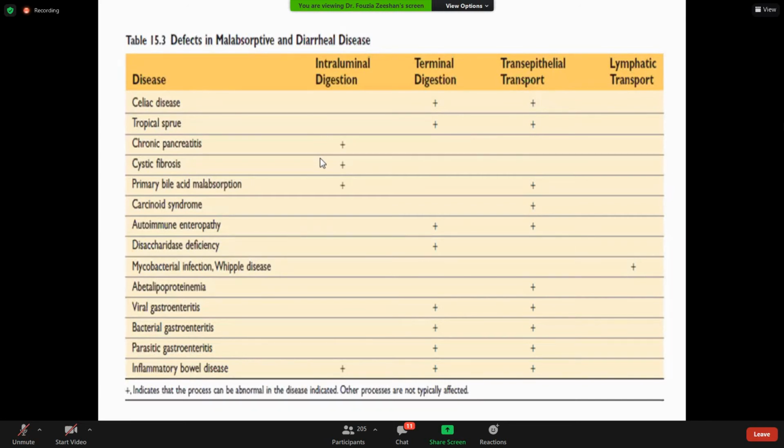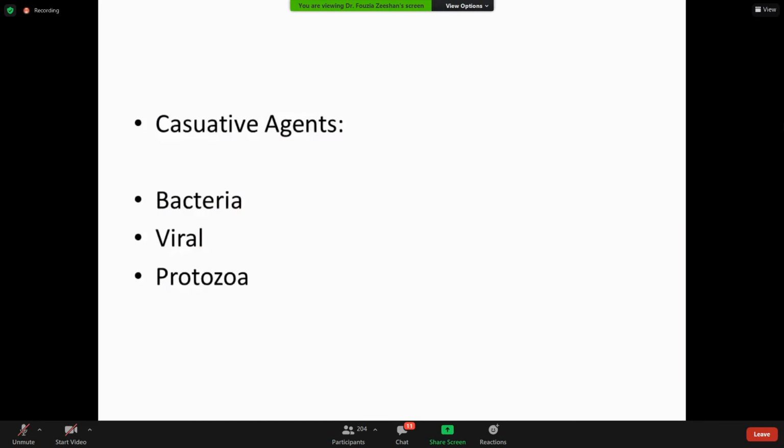In case of chronic pancreatitis, cystic fibrosis, primary bile acid malabsorption occurs at the intraluminal level. And autoimmune enteropathy, disaccharidase deficiency, occurs at terminal digestion. So in this way, they have discussed the different diseases of malabsorptive diarrhea and the level at which the problem is occurring. So I hope that everyone has understood. You can ask me at the end if there is anything you want to understand.